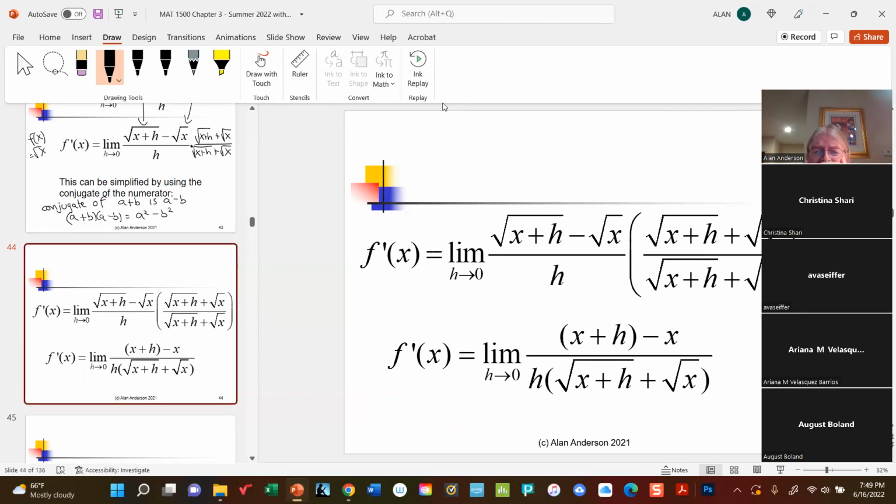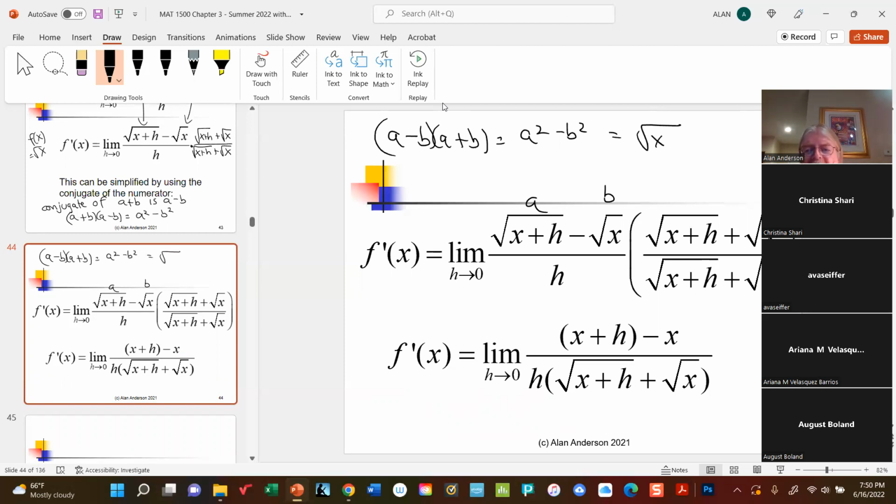So if you think of this as A and this is B, that means that what we have here is radical x plus h squared minus radical x squared, which, when you square a square root, you're just canceling those operators out.